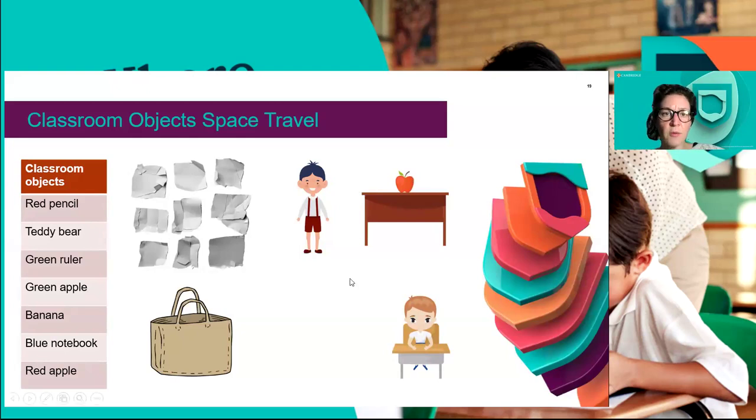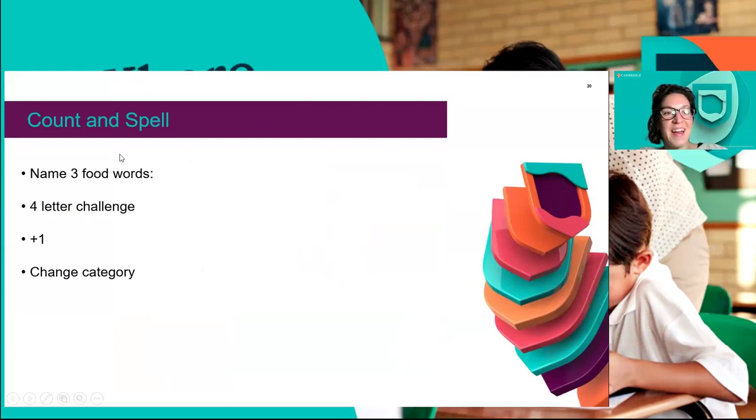So this is one of the revision games for classroom objects, and could be really fun. And this is the advanced version, and a simple version would be just pencil, bear, ruler, apple. Yeah, so everybody sits down.